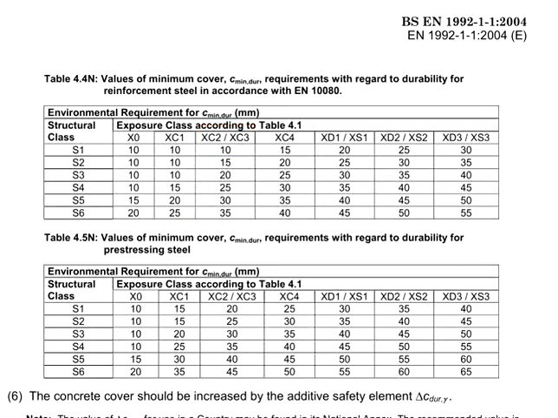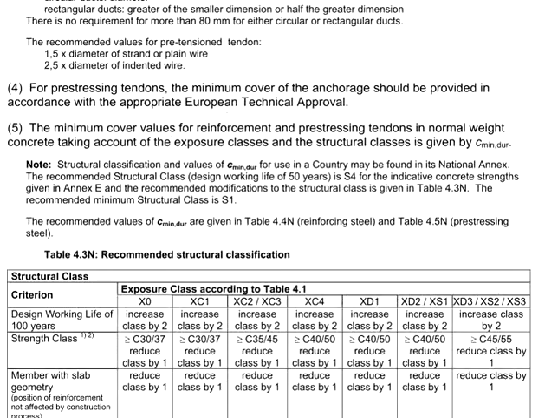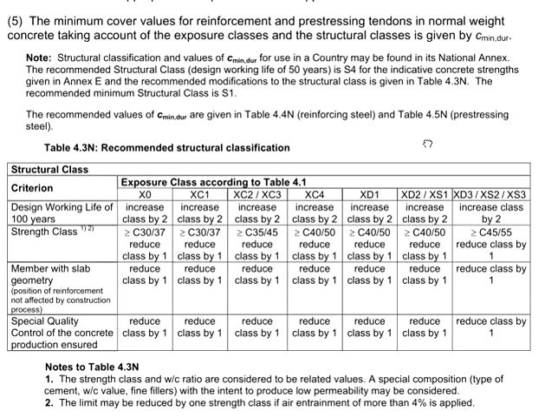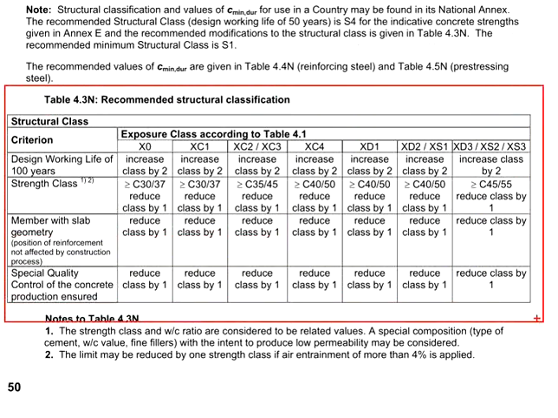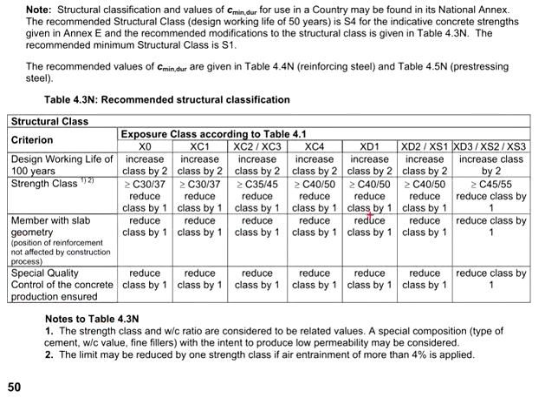Next, we need to determine the structural class. The recommended structural class for a typical design life of 50 years will be S4. And then you refer to Table 4.3N to see if there are any adjustments to the structural class under different circumstances.